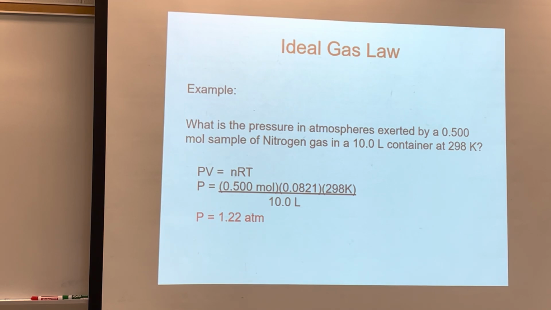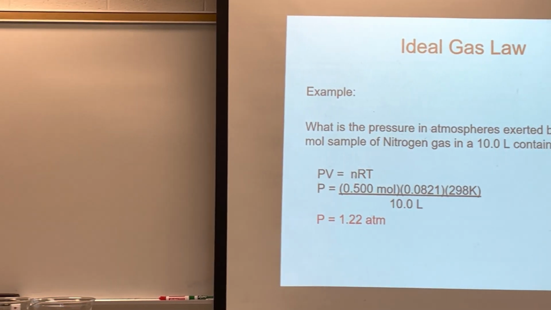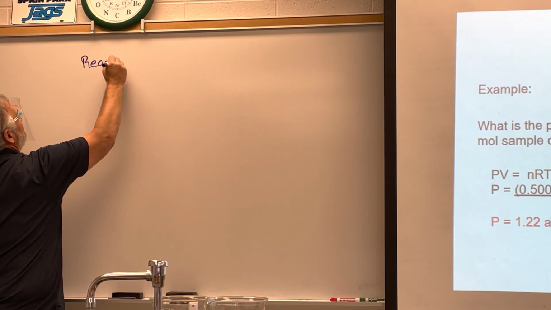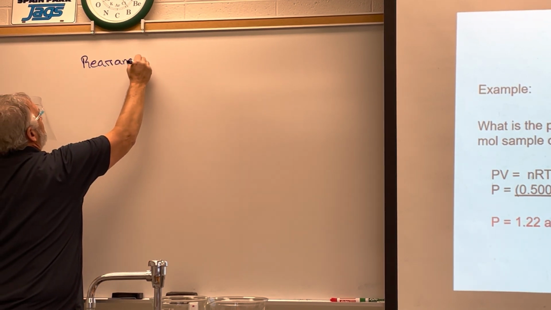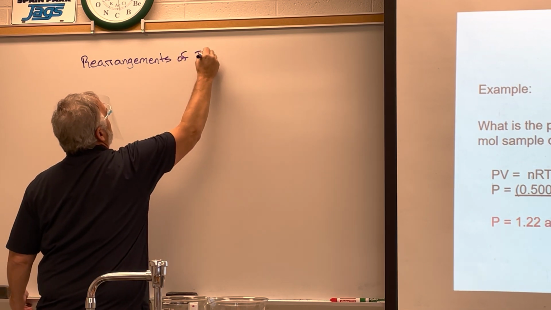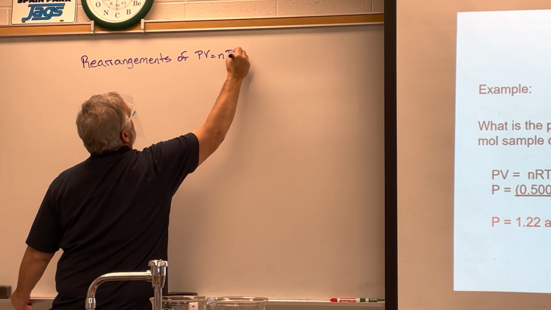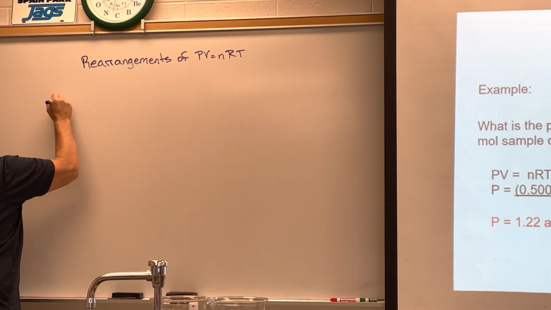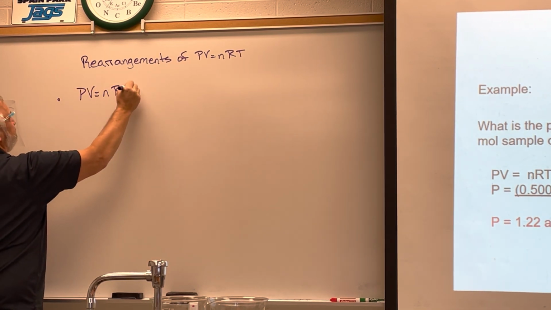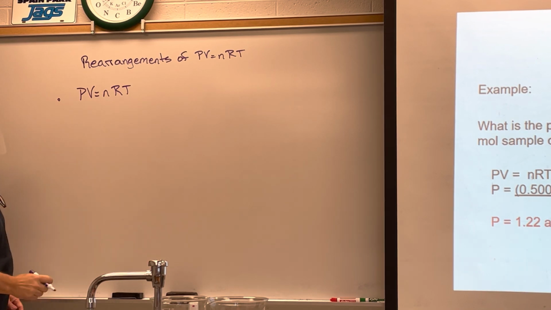But these are rearrangements of PV equals nRT. So the first one is we have PV equals nRT. But if we're given grams, how do we convert grams to moles? Molar mass, right?